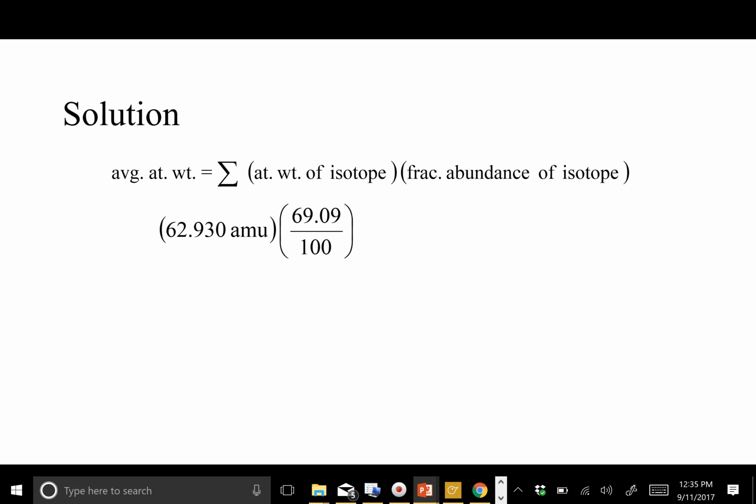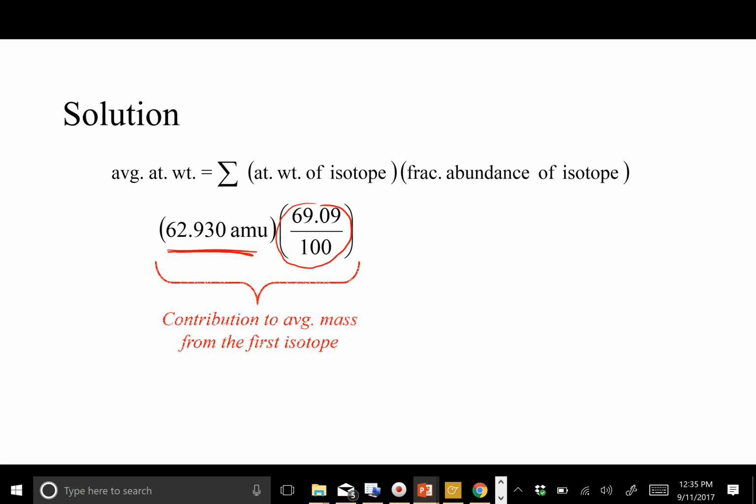Our first term will look like this. For the copper 63, we take how much it weighs, which is 62.930, times its fractional abundance, which is percent abundance divided by 100. And we're going to add to that what is contributed by the other isotope, 65.